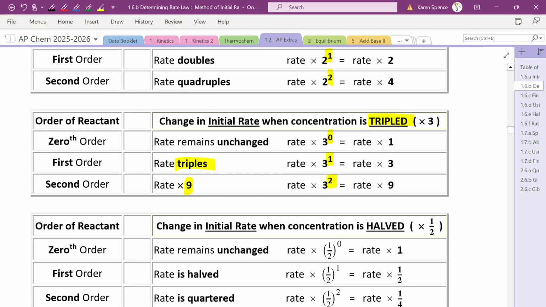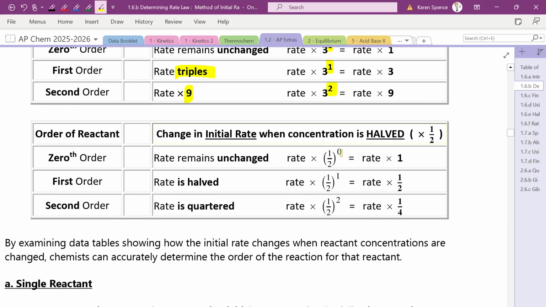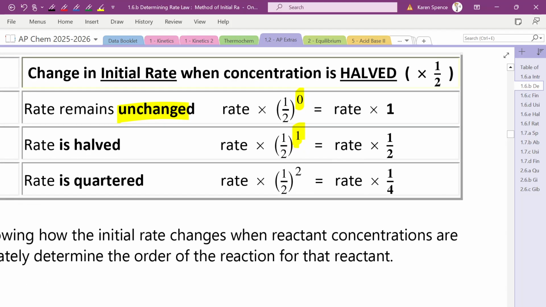You should also be able to say, what happens if we halve the concentration? If we halve the concentration and nothing happens to the rate, that is 0th order. If we halve the concentration and the rate is also halved, that is 1st order. If we halve it and the rate is quartered, because that's a half squared, right? Then that is 2nd order.